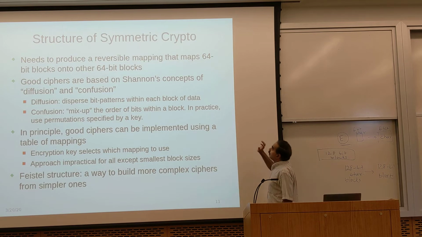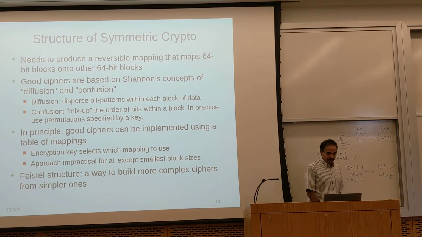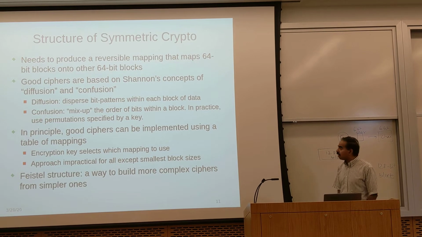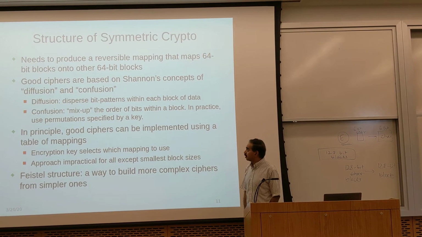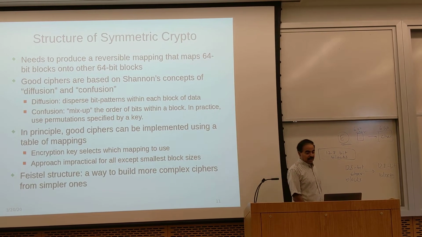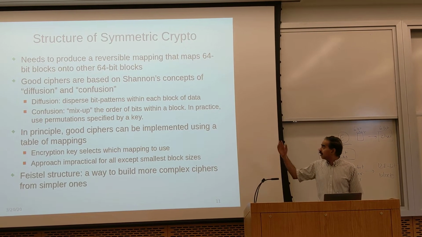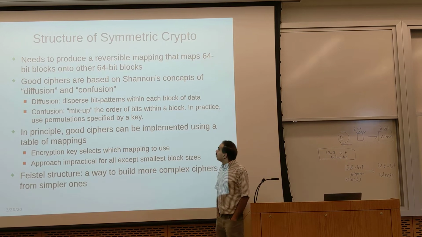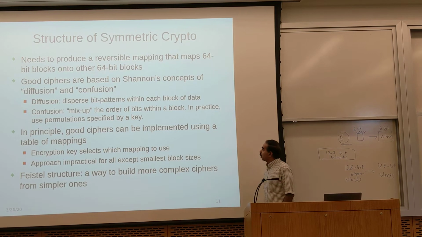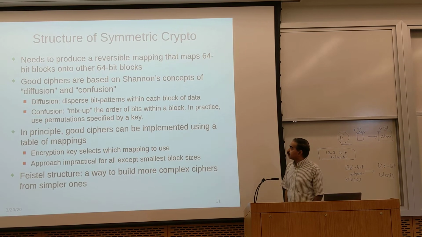The techniques for developing good encryption functions were developed by Claude Shannon, who's considered the father of information theory, with his most famous work having taken place in 1948. So these are very old and very well established techniques.